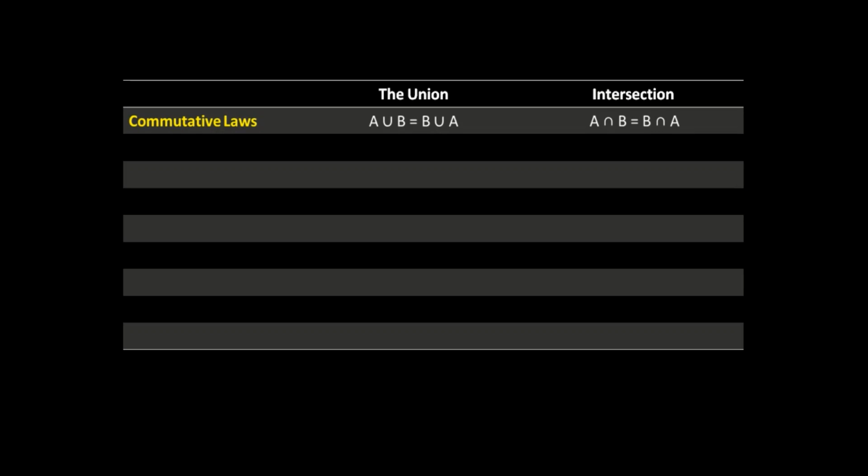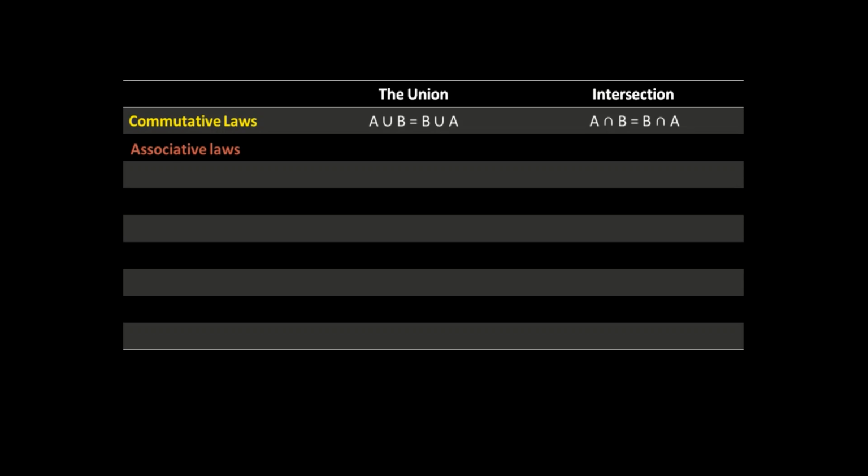The same thing applies under the intersection column. We have the intersection of A and B, which is equivalent to the intersection of B and A. So now it does not matter the order of how our sets are intersected. The result should be equivalent.